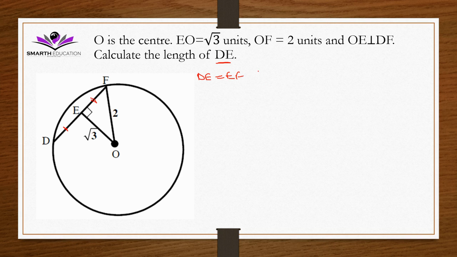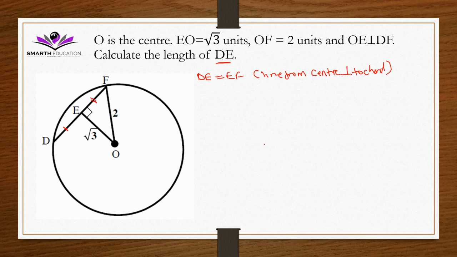Why is DE equal to EF? Because the line from center perpendicular to chord. Don't worry about my spacing there. Now let's find our EF. How can we find EF?